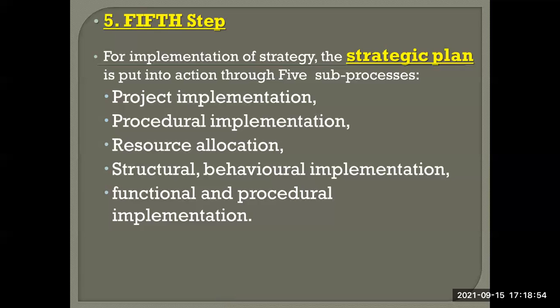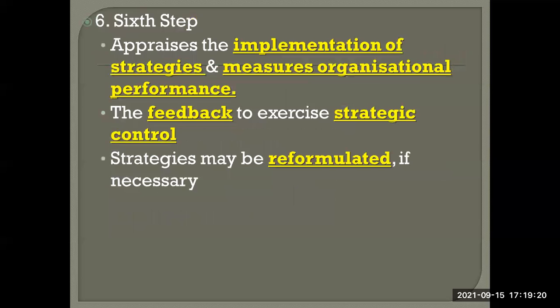For implementation of the strategy, the strategic plan is put into action through 5 sub processes. So in the fifth step, we have project implementation, then procedural implementation, then resource allocation, then structural implementation, behavioral implementation, then functional implementation. So here, the majority of the part is implementing your strategic plan.